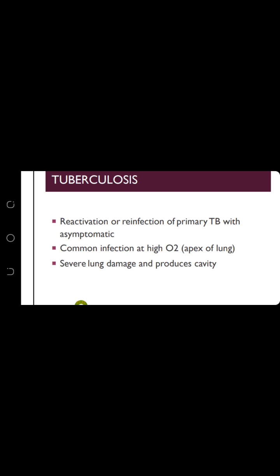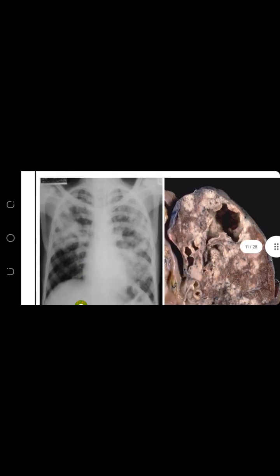The common infection is at the apex of the lungs. It is severe, leading to lung damage and producing cavities. So it can lead to damage of the lungs and lung cavities.